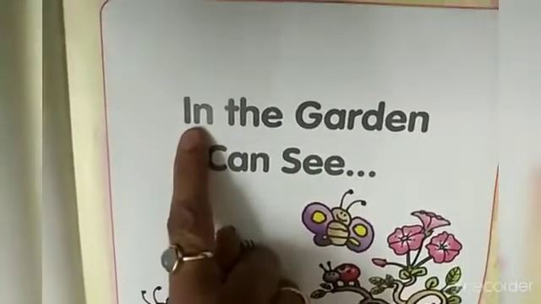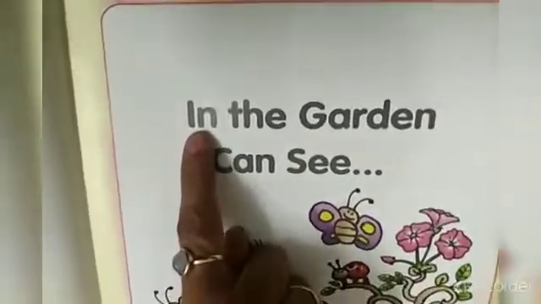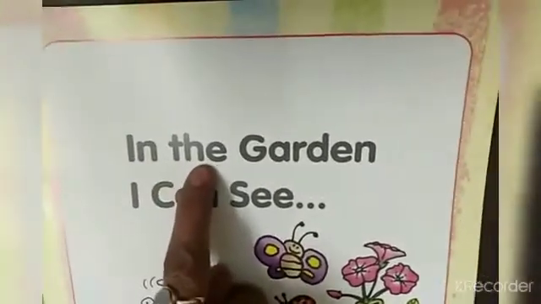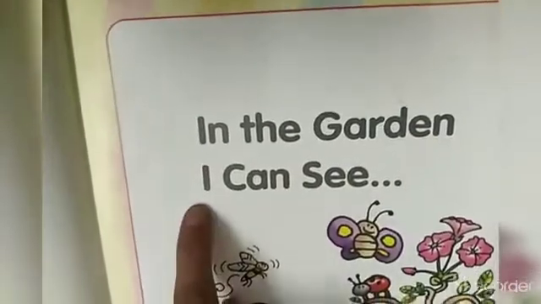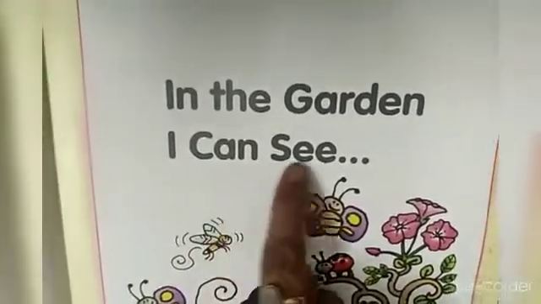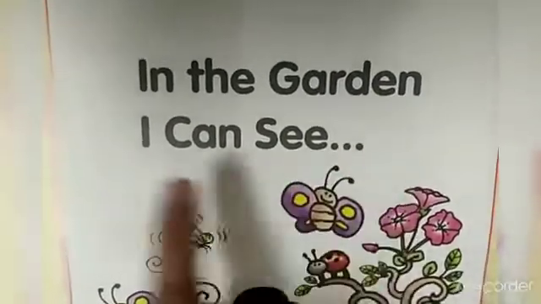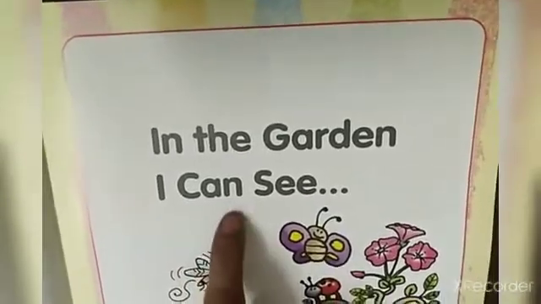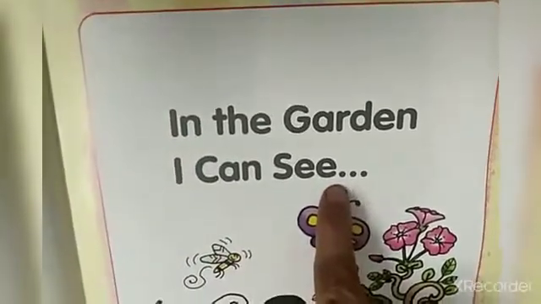Already we have read a few sight words. Okay, you have to read like that. In the garden, I can see. Repeat after me, children. In the garden, I can see.